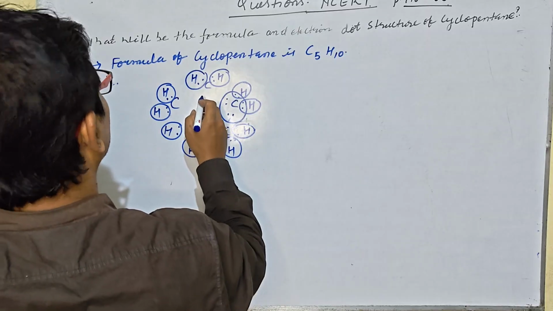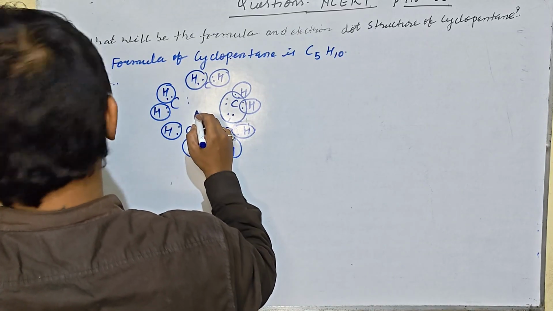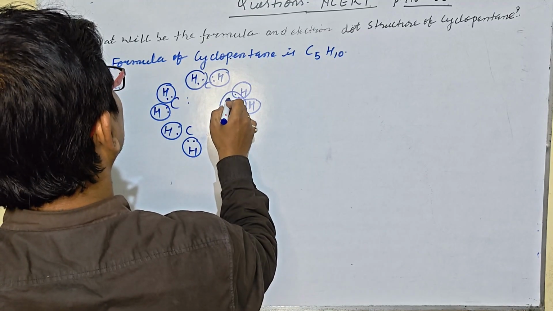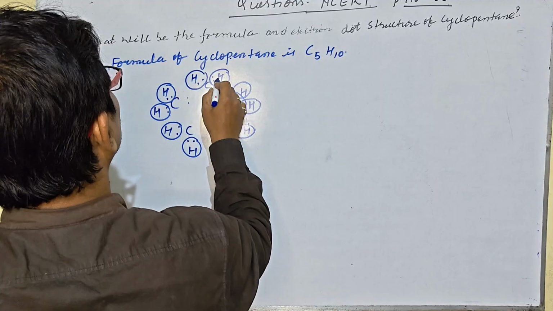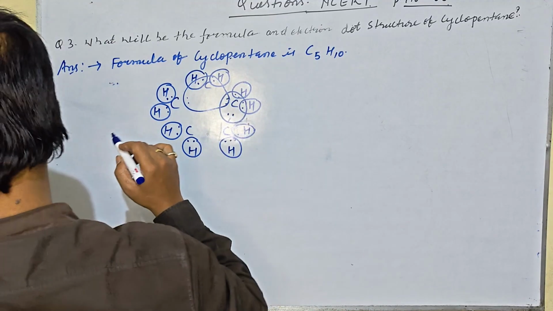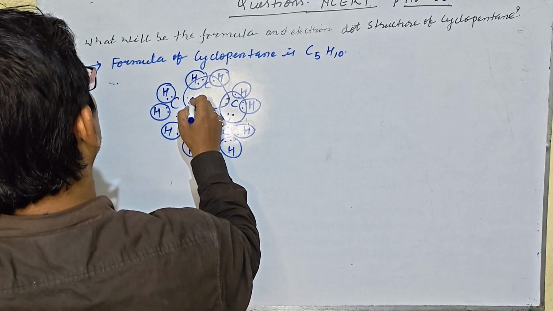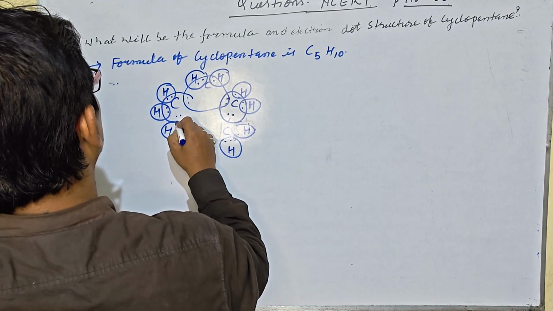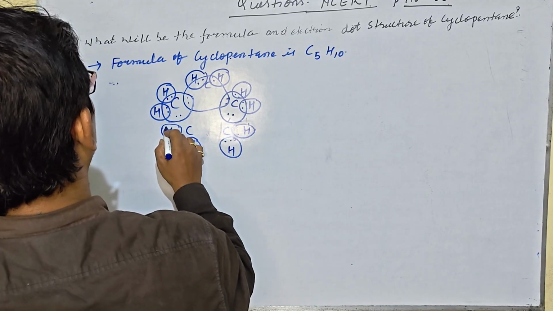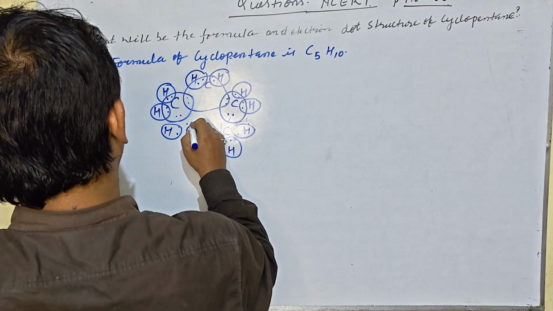After that again 2 dots should be there. Like this, or again you can draw like this. This is not going to be attached with that carbon, so you can draw like this.